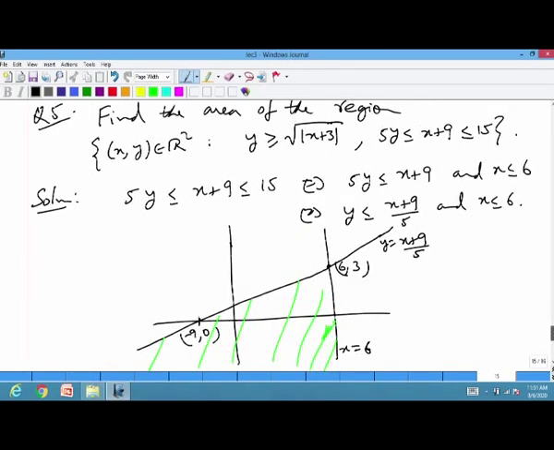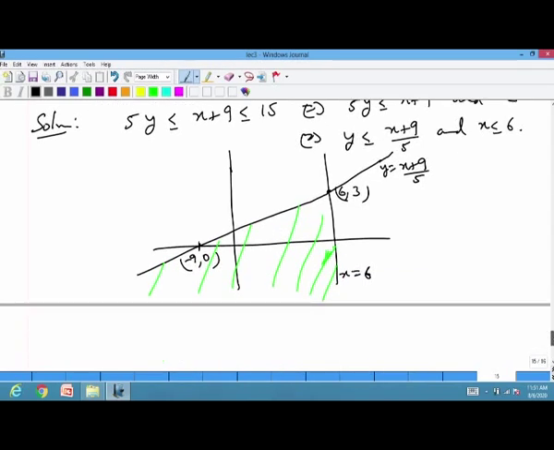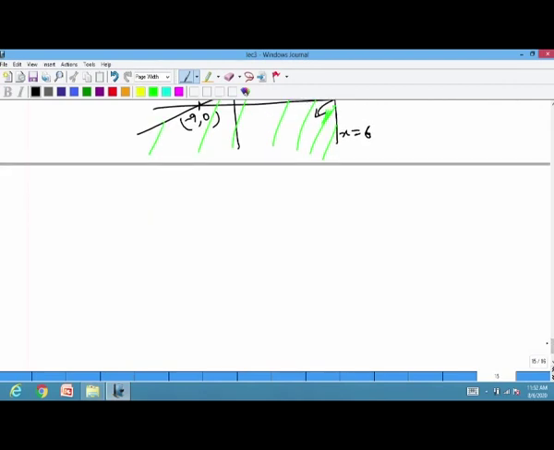Also, we have to see this restriction that y is greater than equal to square root of mod (x plus 3). So, this part is the region 5y less than equal to x plus 9 less than equal to 15. Now, let us look at y equal to square root of mod (x plus 3).